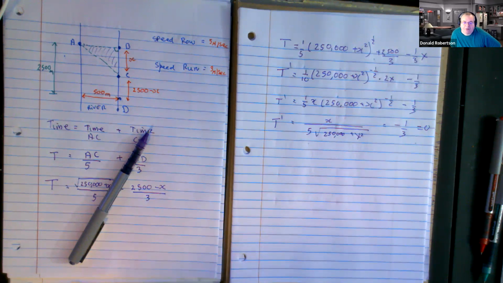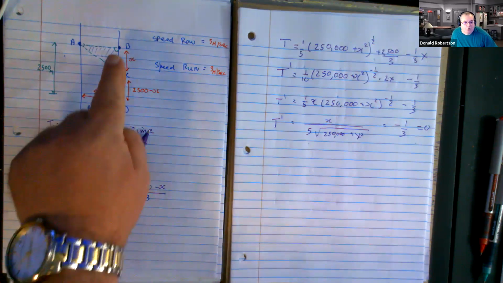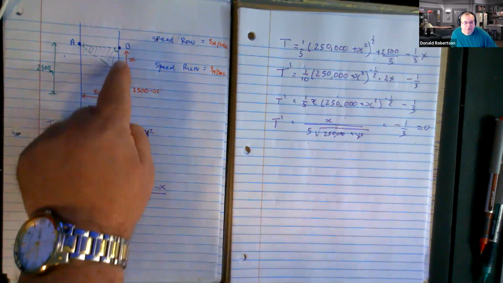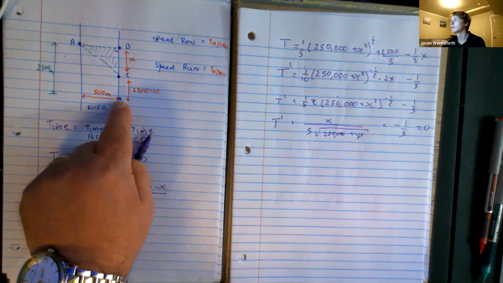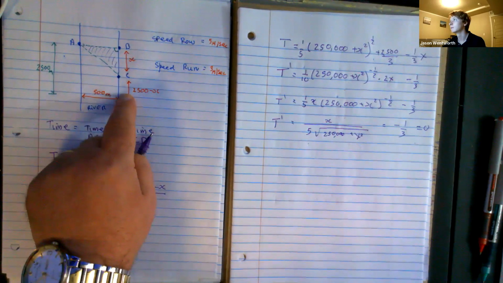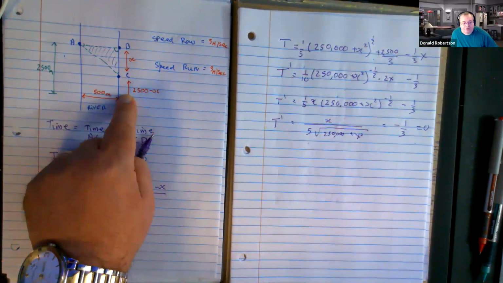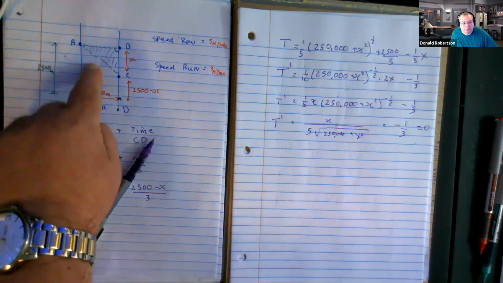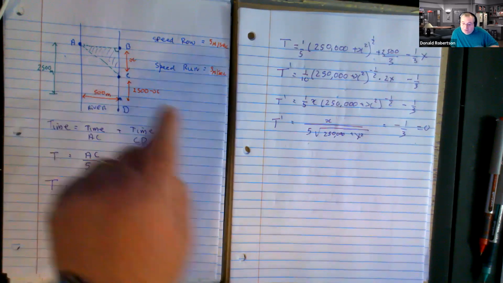So this isn't math. This is just basically looking at it and saying, okay, there is no place between here and here, right? There's no value of x that's going to do it between here and here. So the shortest distance would be to go straight to here.